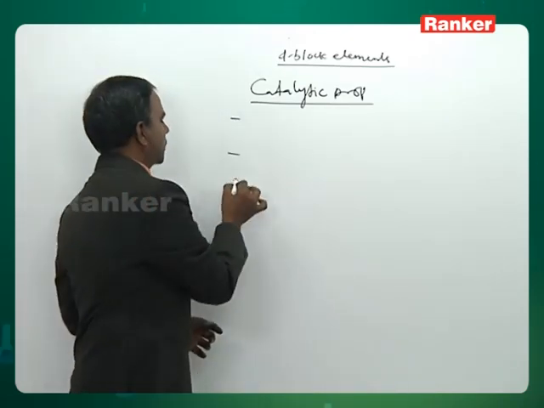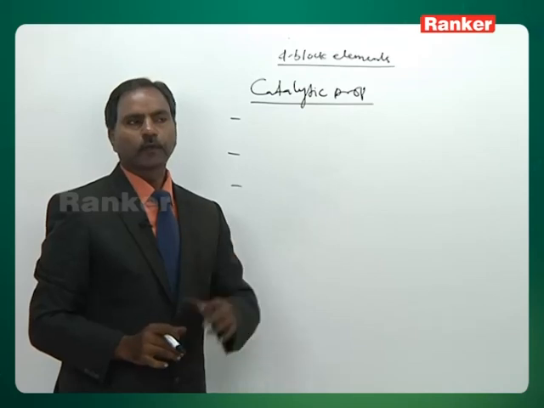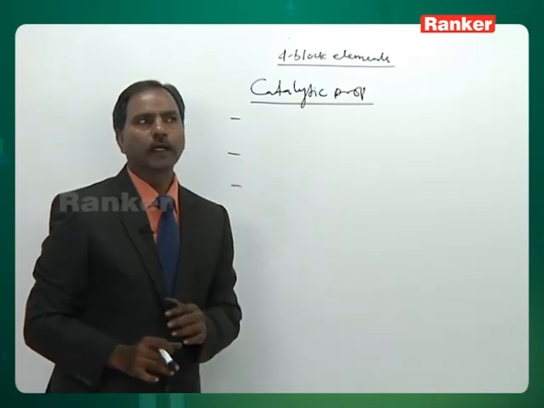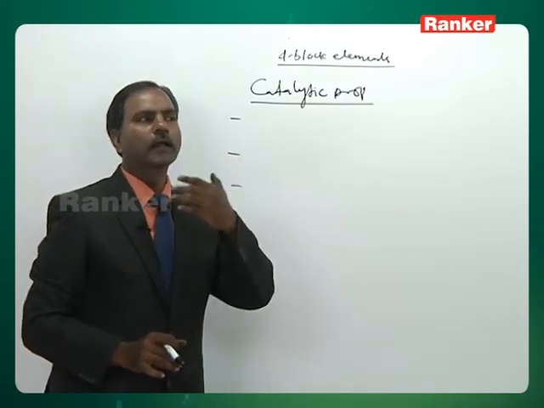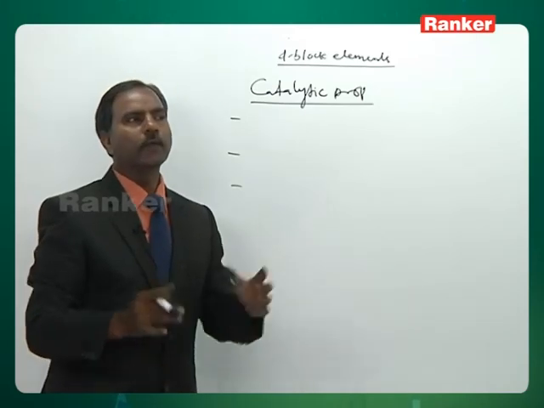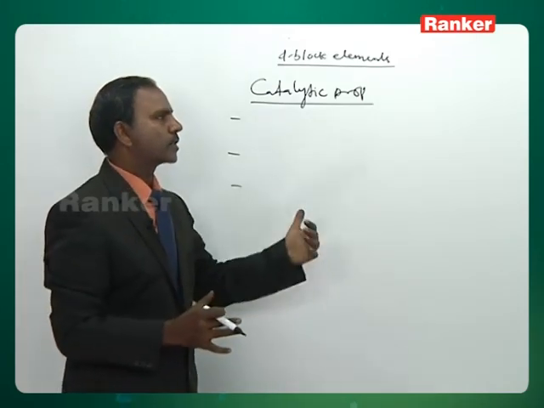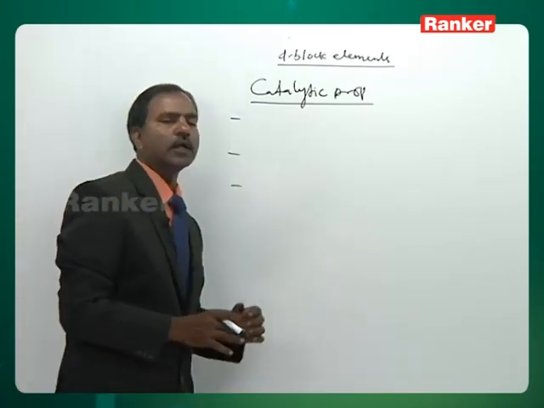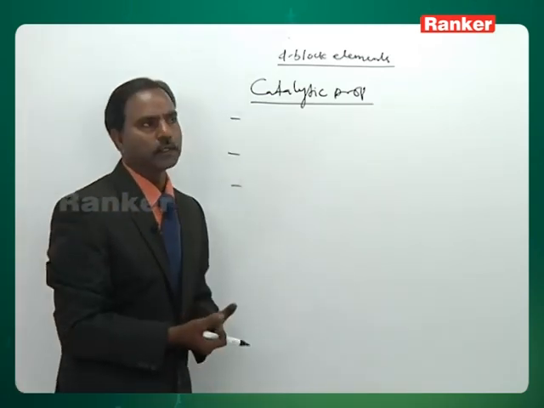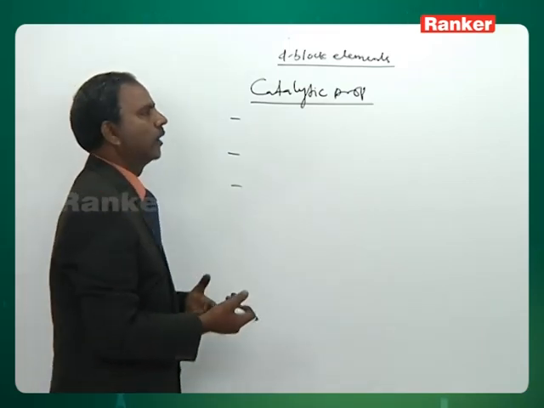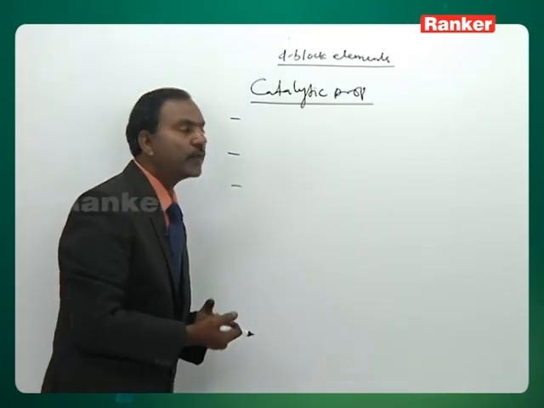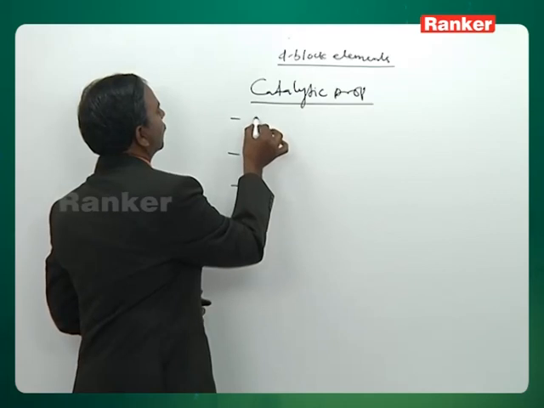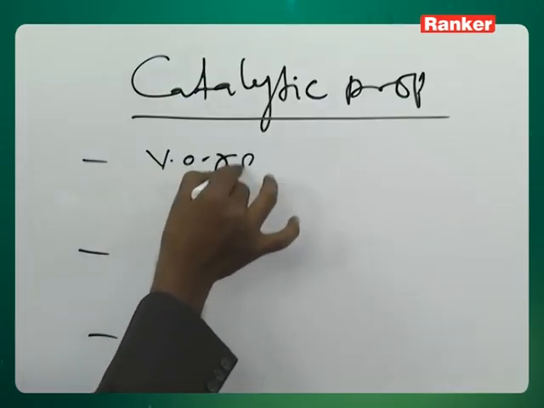Why are d block elements preferred in industrial catalysts or in many chemical reactions, either d block metals or their compounds? Why are these acting as best catalysts? It is due to variable oxidation states.